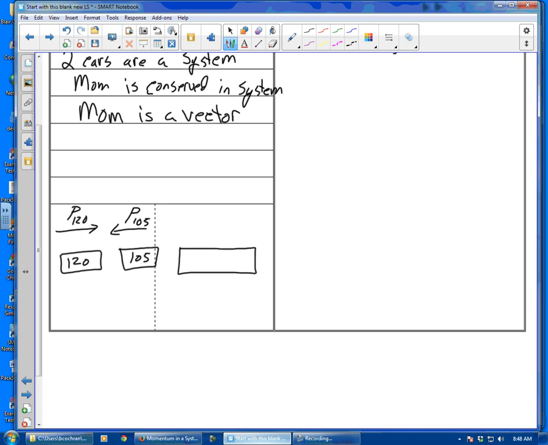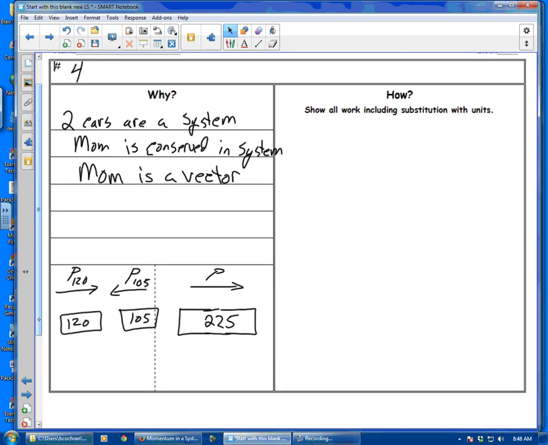Afterwards, they become one body, we'll call it the 225. And I'm predicting that it's going to go in that direction. So, there are my momentum diagrams. This could actually, as we'll talk about tomorrow, also be called an inelastic collision. All right? But we're going to look at it as a system.